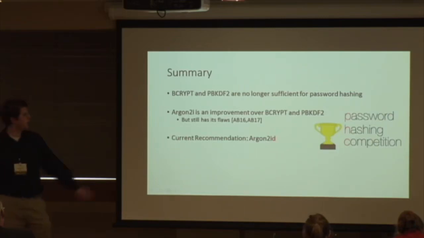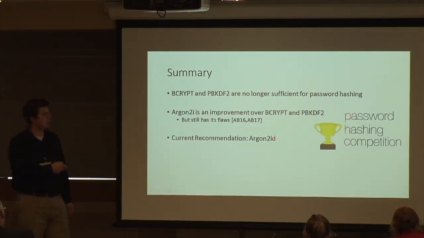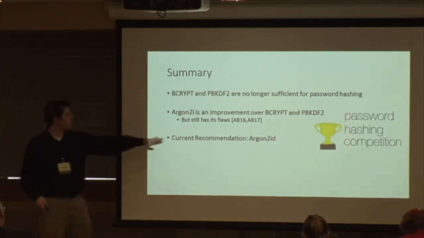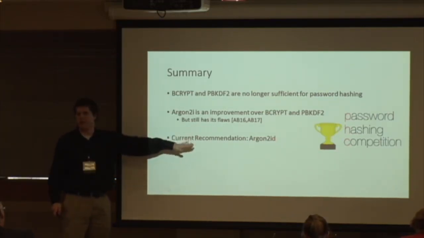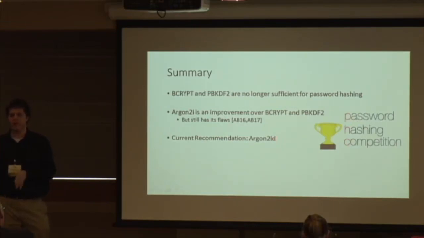So I should note that in the last month, the authors of Argon 2 have actually changed their recommendation. They're no longer recommending the data-independent mode of Argon for password hashing. They're recommending a variant called Argon 2 ID. Basically, what this mode does is it runs half the time in data-independent mode, and then it switches over to data-dependent mode.